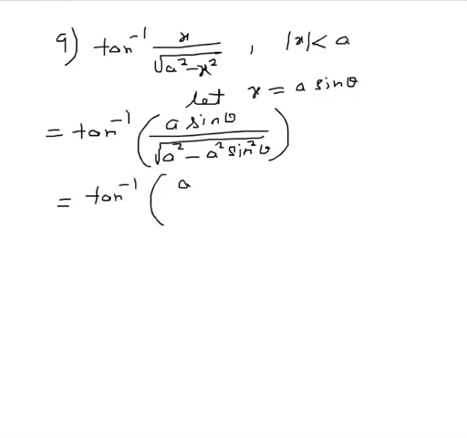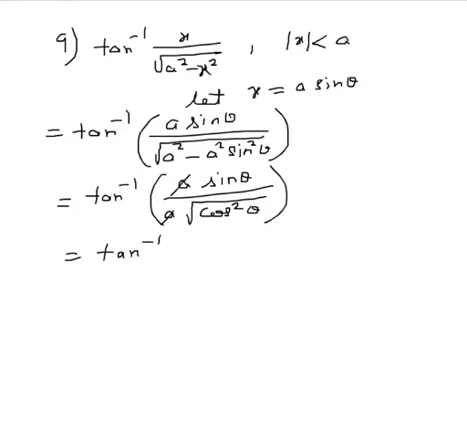A square can be taken common. It becomes a outside, and 1 minus sine square identity will become cos square. Tan inverse of sine theta by cos theta, which is tan theta.